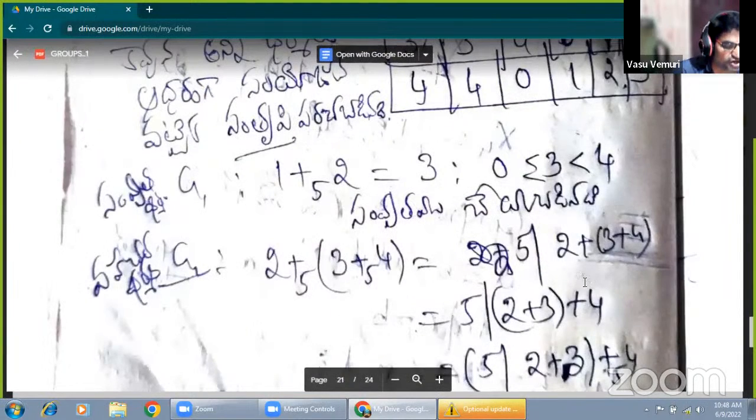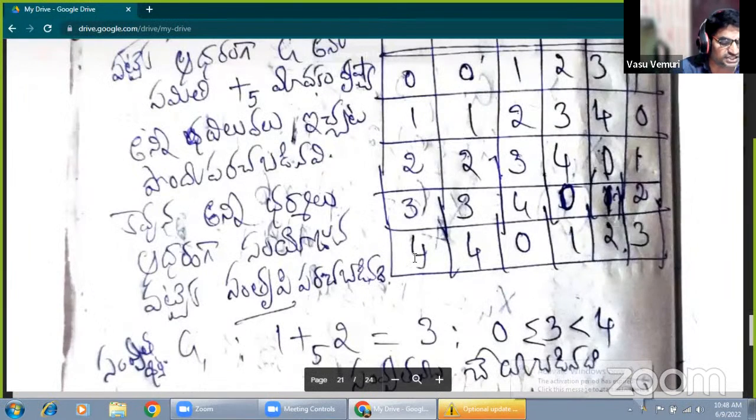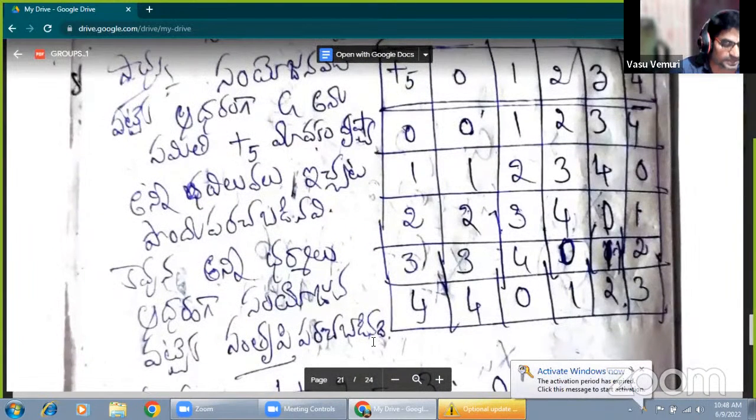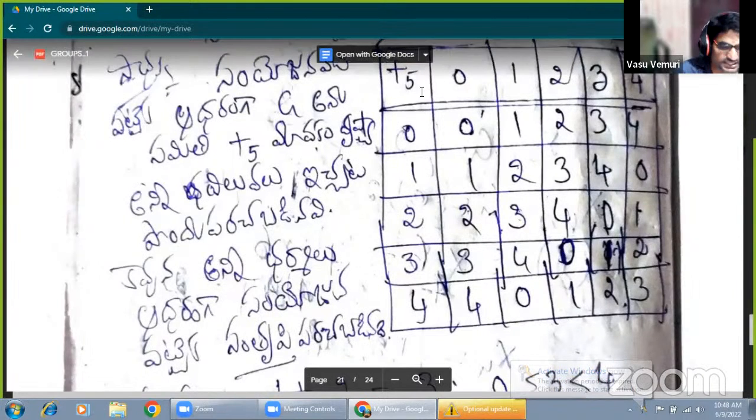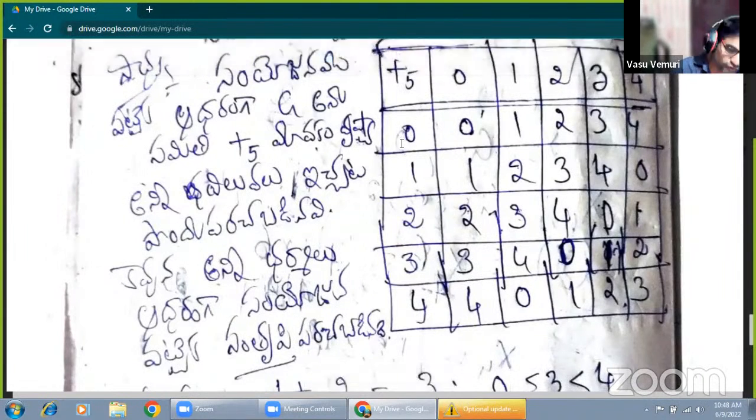Therefore, 4 is also taken 5 times. 4 plus 4 is 8, 8 plus 4 is 12, which is not divisible by 5. 12 plus 4 is 16, also not divisible by 5. 16 plus 4 is 20.